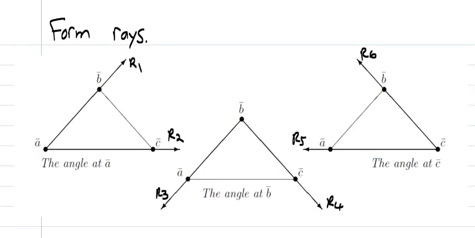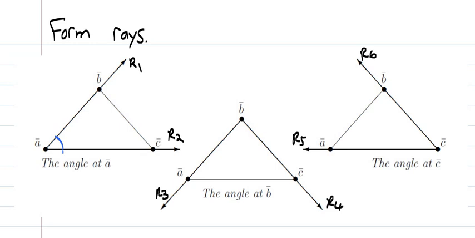If you want to talk about the angle at A, you form rays R1 and R2. Ray 1 starts at point A and passes through point B. Ray 2 starts at point A, passes through point C, and the angle at A is the angle between ray 1 and ray 2, as depicted here as the blue angle.